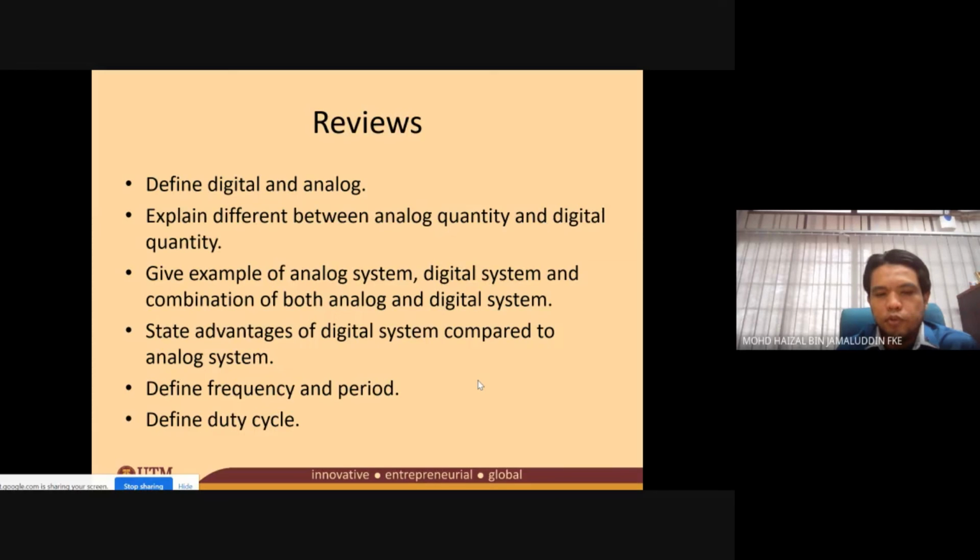In the test, some questions will be asked, for example, what is the advantage of using a digital system. You can also calculate the frequency, the period, and the duty cycle.